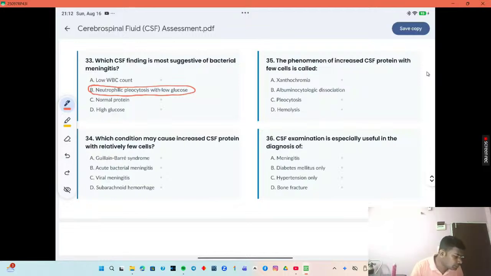What will be the right answer of this question? The right answer will be option A, that is Guillain-Barré syndrome.